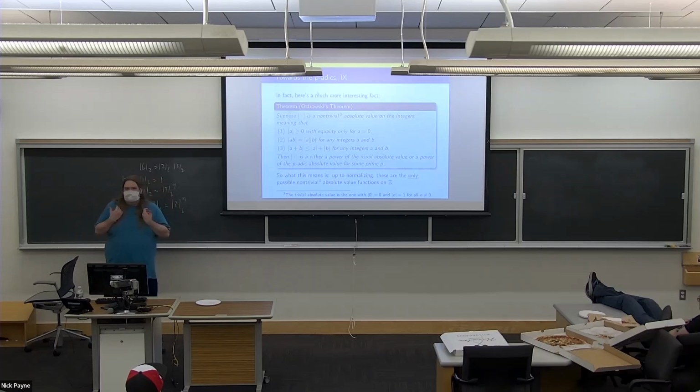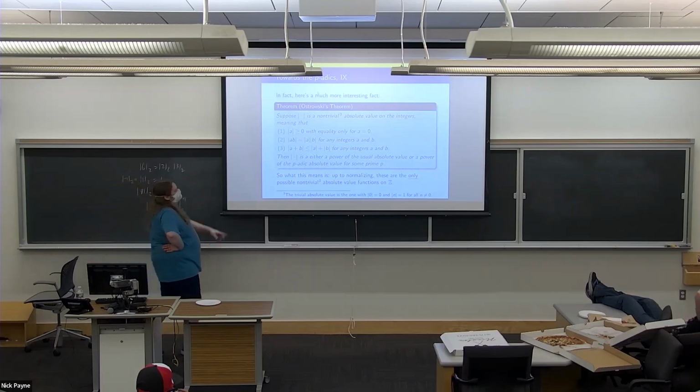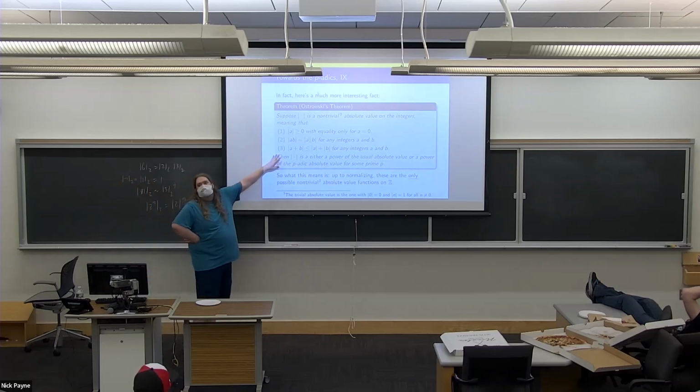This is the kind of thing that mathematicians would immediately think of as soon as we stumbled backwards into cooking up these p-adic absolute values. The immediate next question is, okay, well, what else is there? And the answer turns out to be nothing interesting. This is a result called Ostrowski's theorem.